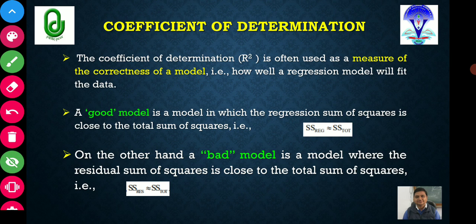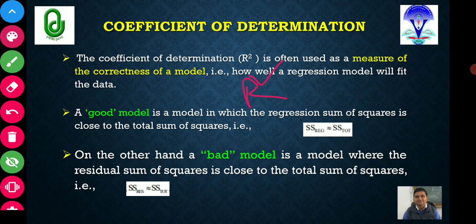Now, the coefficient of determination is represented by capital R square. That you have to remember. By convention we are representing it by capital R square. It is often used as a measure of the correctness of the model.